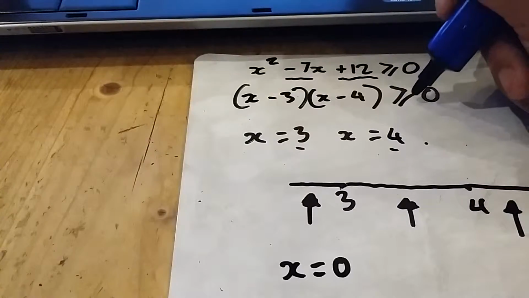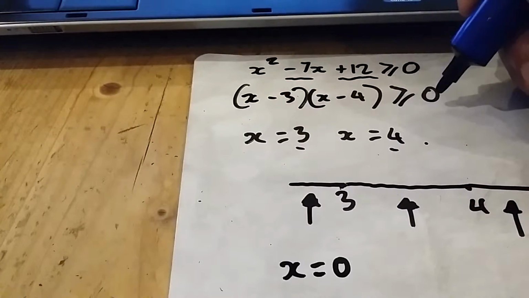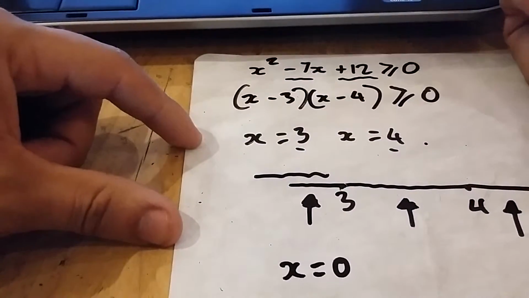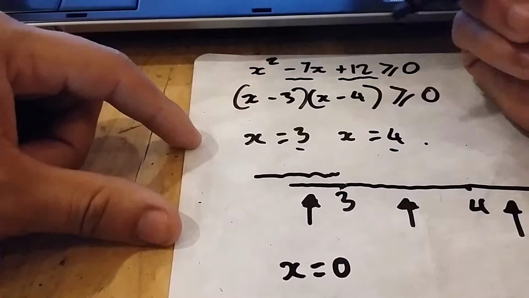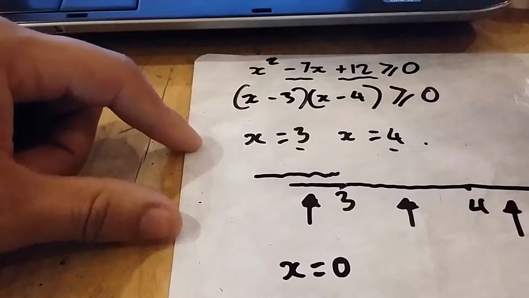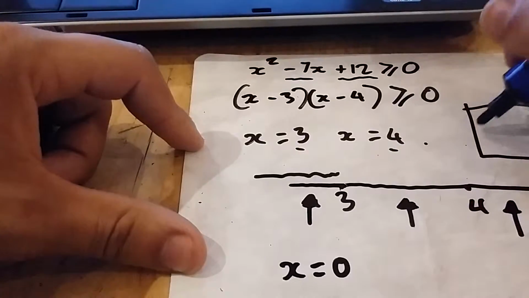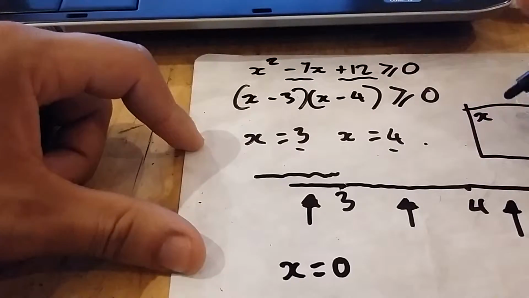And remember, it's greater than or equal to 0 is our quadratic inequality. So any number in front of 3, before 3, will satisfy this inequality. So we can already put, I'm just going to make a little box here, that x is going to be equal to or less than 3.